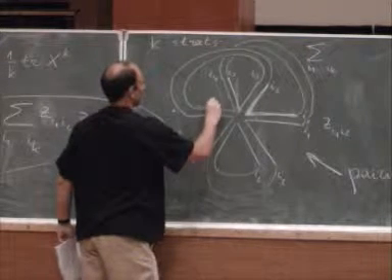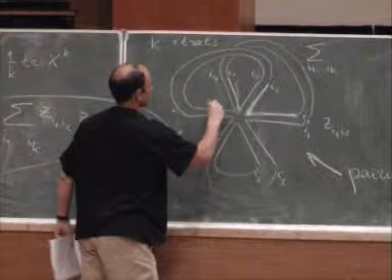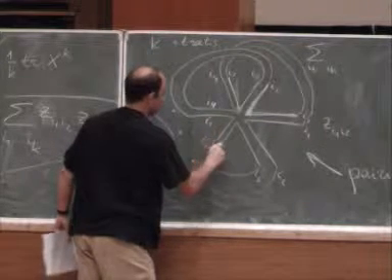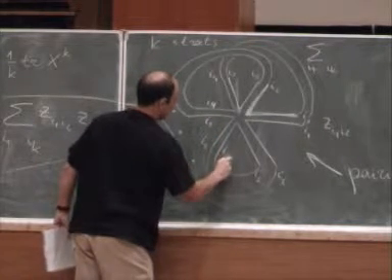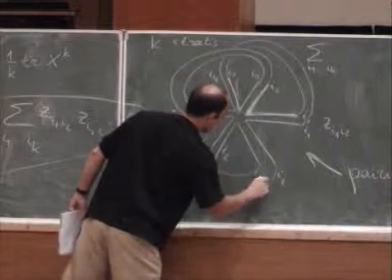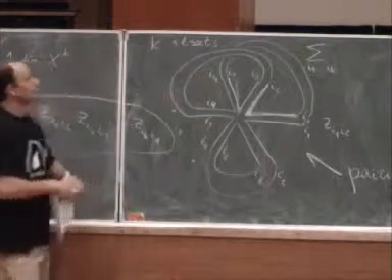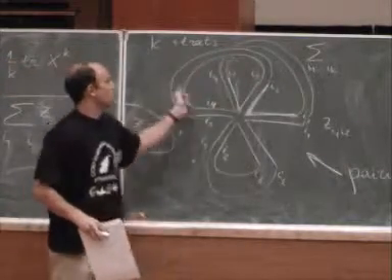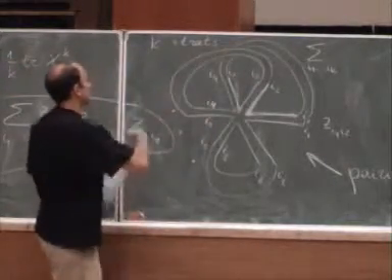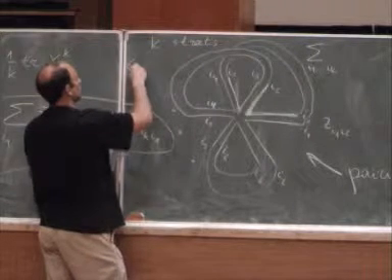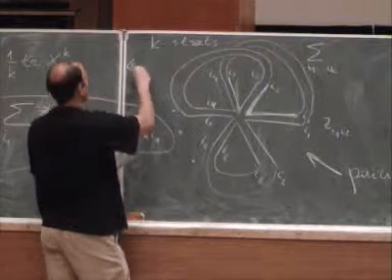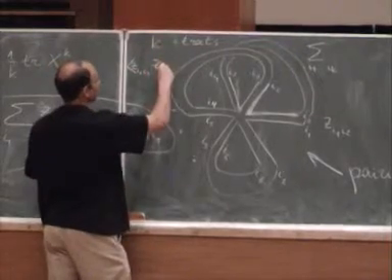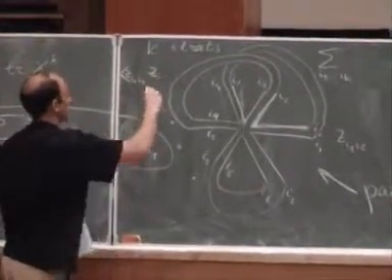So this will be i4, i5, i5, i6. What is the contribution of this pair? Here I have the expectation value of z i2 i3, z i4 i5.